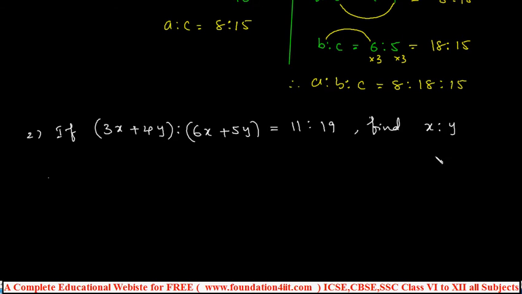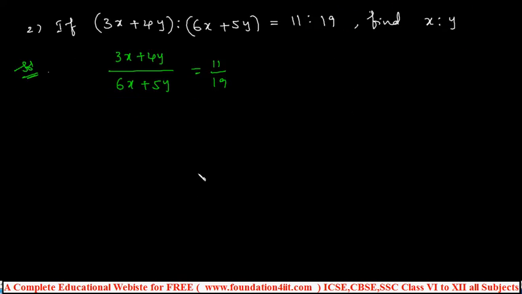X is to y means if I can find x divided by y, that is enough. Then we can do the solution like this. First convert into fractions. That is 3x plus 4y by 6x plus 5y is equal to 11 divided by 19. Now instead of finding x is to y, I just need to find x divided by y first.